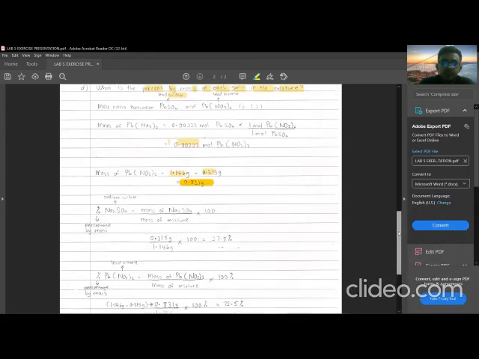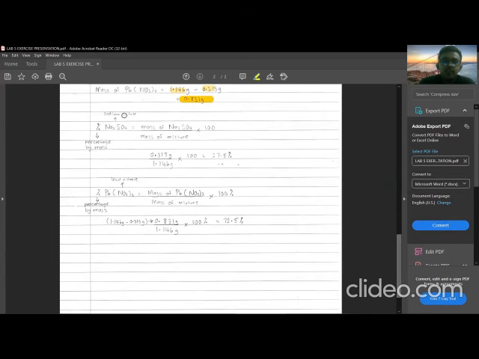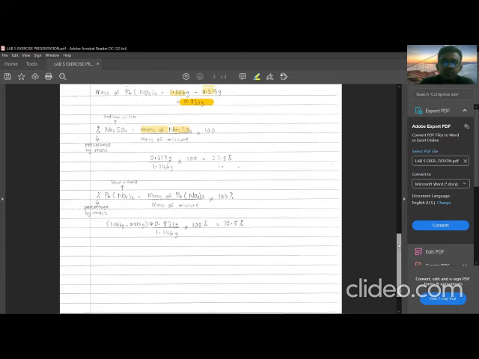0.831 gram. So finally, to calculate the percentage by mass of sodium sulfate, we use the formula: mass of sodium sulfate over mass of mixture times 100, because it is a percentage.